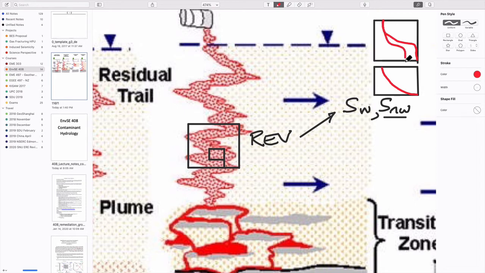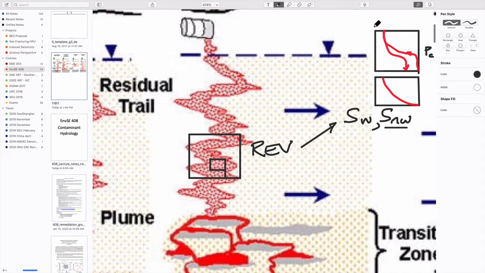Should perhaps put axes on these things before we do it. Anyway, I think you probably know what the axes are. This is capillary pressure. This is saturation, which varies between 0 and 1 for water, and the opposite for the NAPL. And this would be relative permeability between 1 and 0.